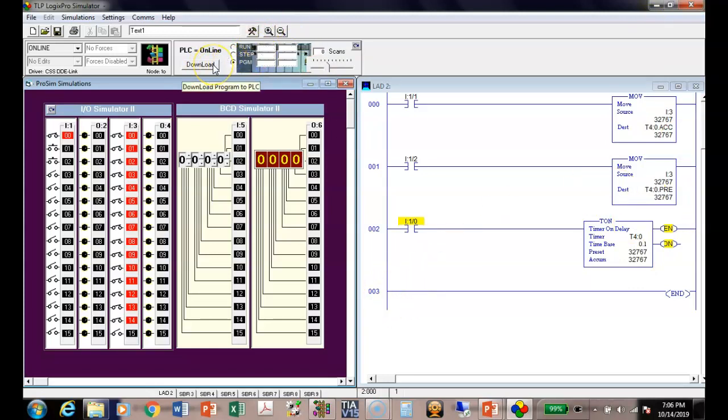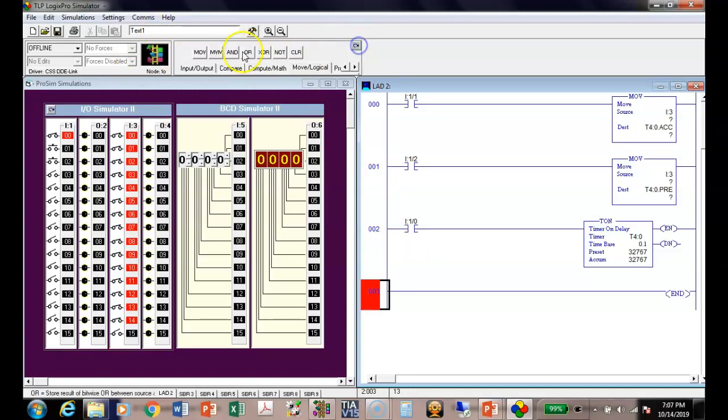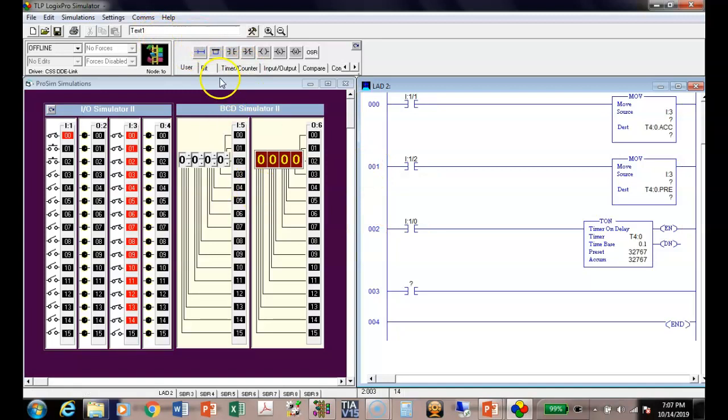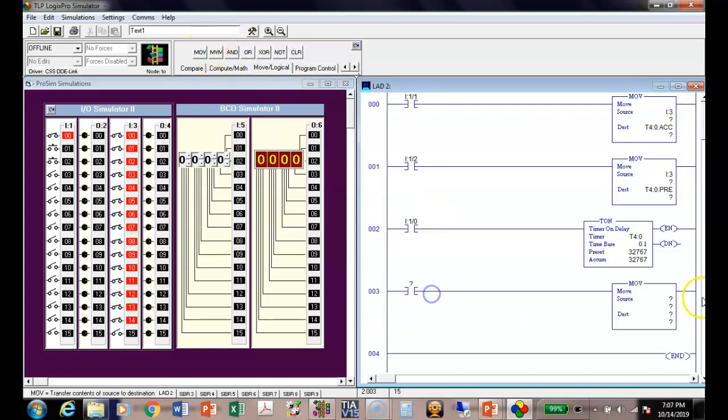So let's do another one. So let's go to program, I'm sorry. And we won't use any of these, but insert a rung, so I'm down in program. For the input, I want to address the whole input, so I'm going to put 3, right?